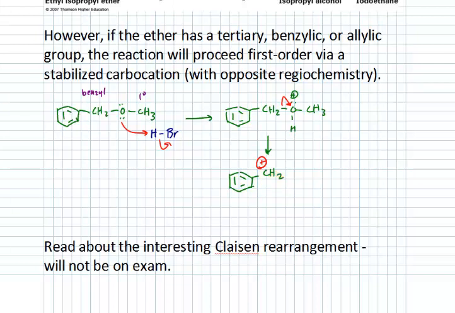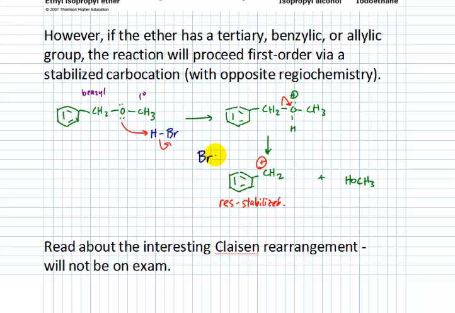This is resonance stabilized. Right? This double bond can come out here, so this plus charge will be shared with the ortho and para positions in that ring. So it's a very stable carbocation. The other product is just methanol.